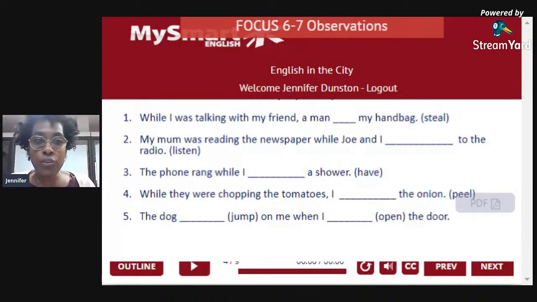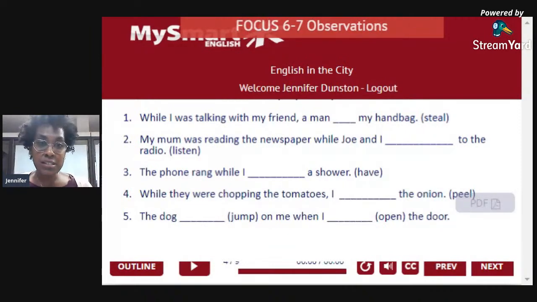Now, if you notice on your screen, there are 5 sentences, and we want to fill in the blanks with the correct past tense. And here we're always using while. So which past tense goes with while? Let's fill in the blank.